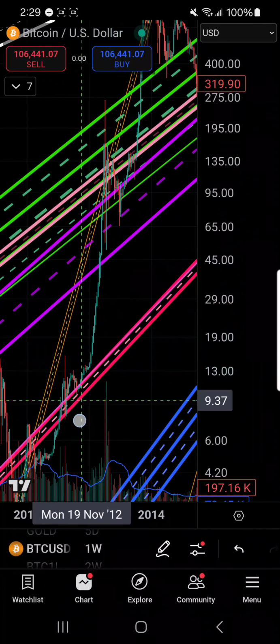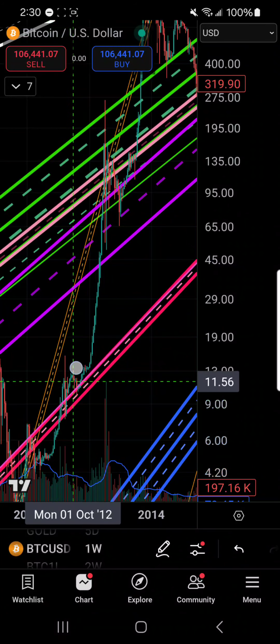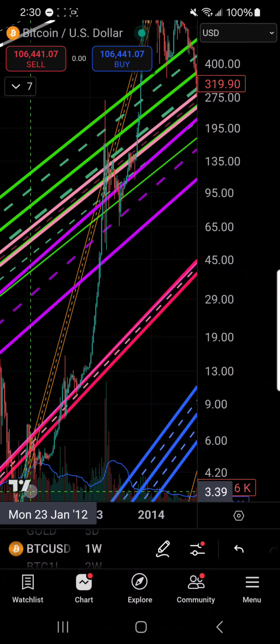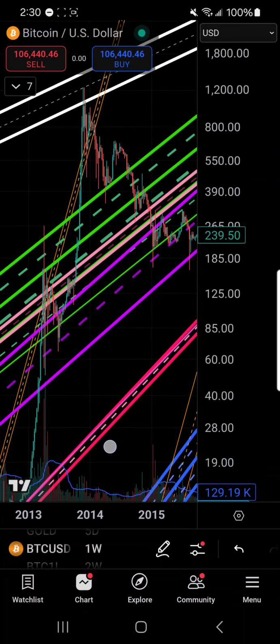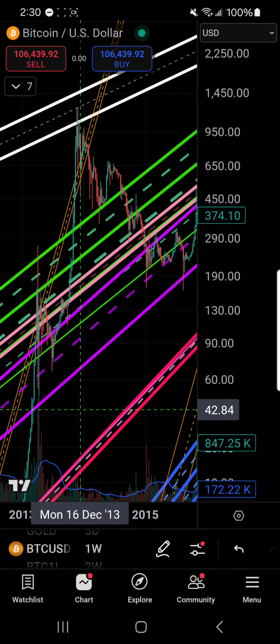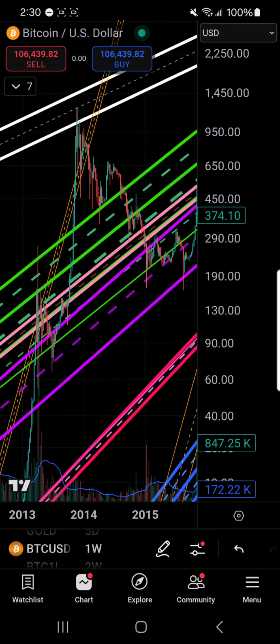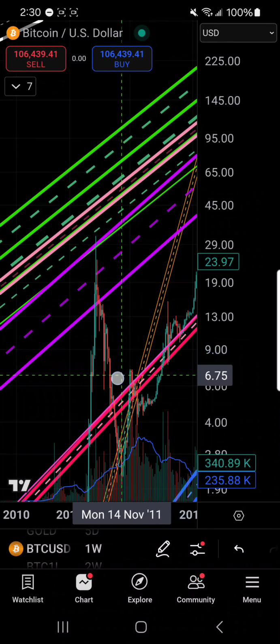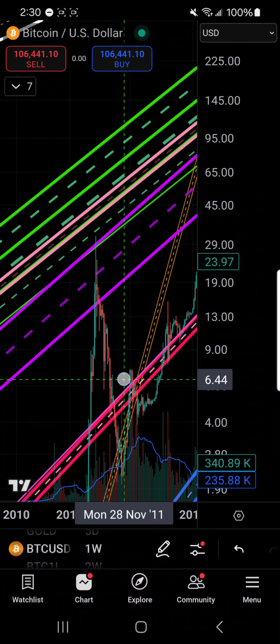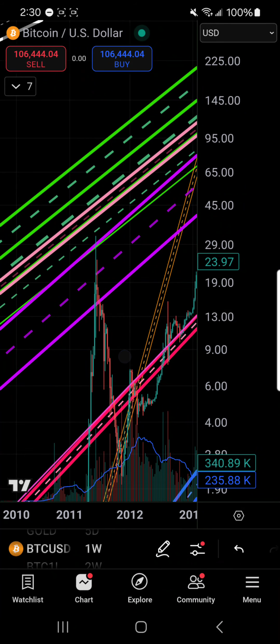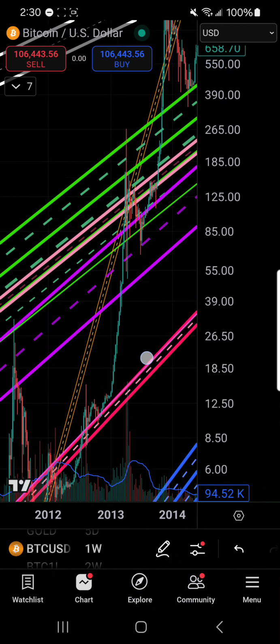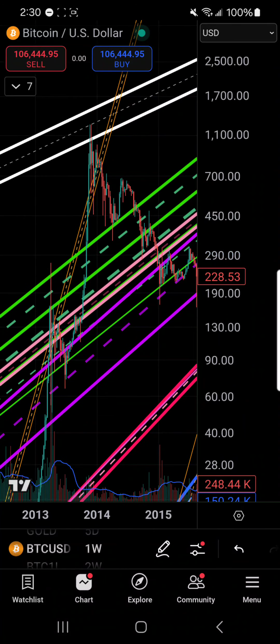If I made it wider, you could see that it catches the slope of this whole move from 2012 to 2013. Actually, for 2 years, it captures the slope of this 2-year move.